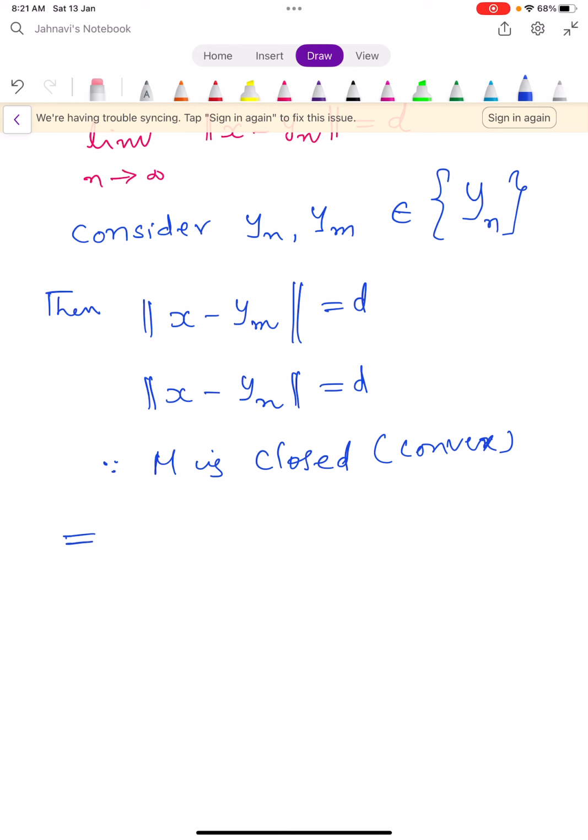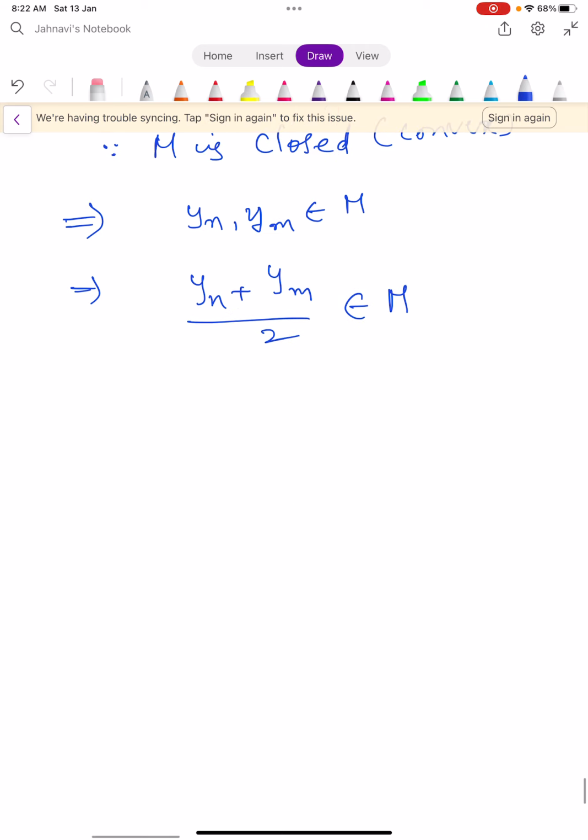If M is convex also, then you can write like this: M is convex and yn, ym belong to capital M implies yn plus ym by 2 also belongs to capital M. Okay. By applying the definition of d now, norm x minus yn plus ym by 2 is equal to d.